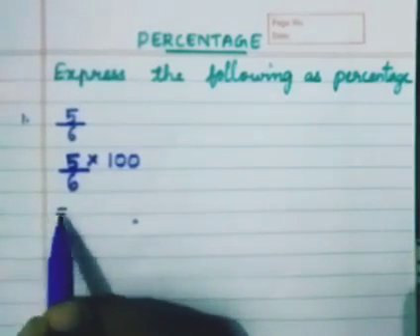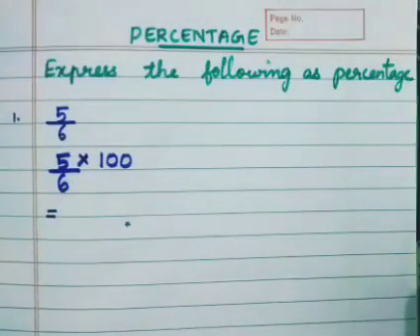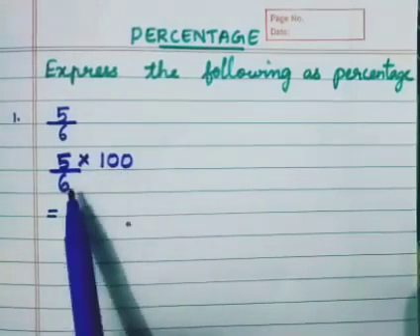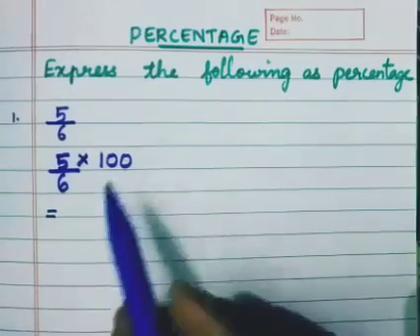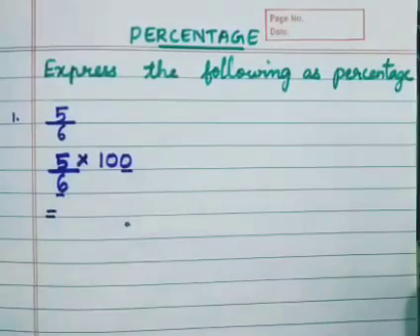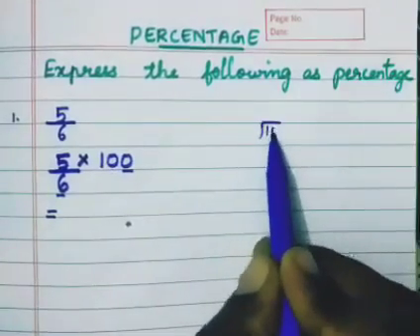Now we can solve this one. 5 by 6 multiplied by 100. When you look at these two numbers, 100 and 6, you know that there is a common factor. Here the last digit is 0, here the last digit is 6, so it is divisible by 2. You can divide 100 by 2.